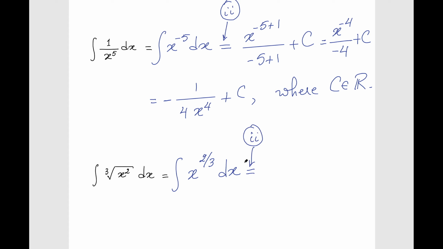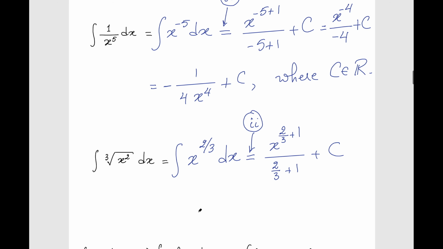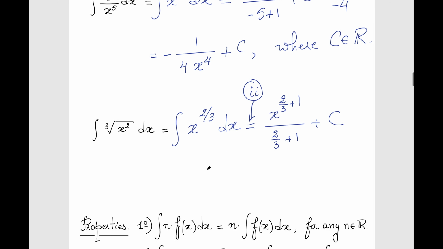So now we integrated. We don't need that integral symbol anymore. So we get x to the power 2 over 3 plus 1 divided by 2 over 3 plus 1 plus an arbitrary real number, constant c. Make sense?